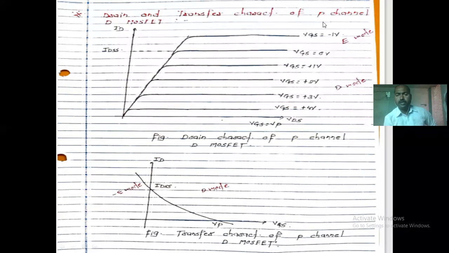Because in the case of P channel, we need to apply minus voltage, which causes more current flow. But as we apply positive voltage across gate to source, a depletion layer forms. As we increase the positive voltage, the depletion region grows, so as VGS becomes more positive, less current flows through the device.